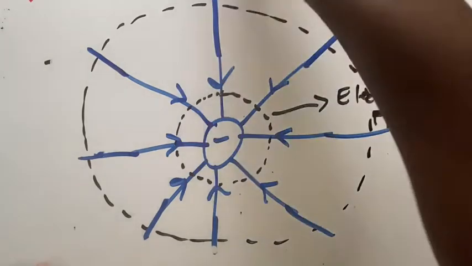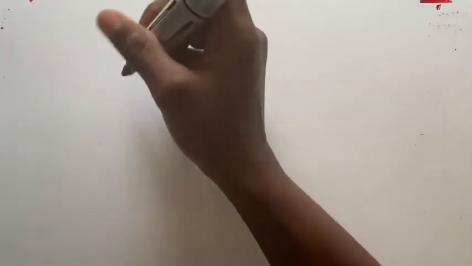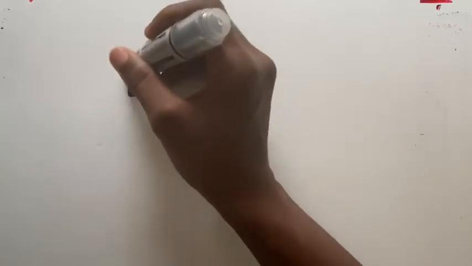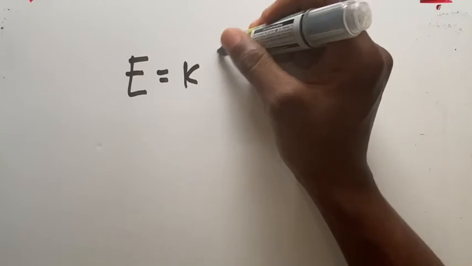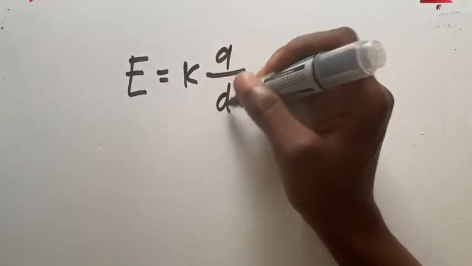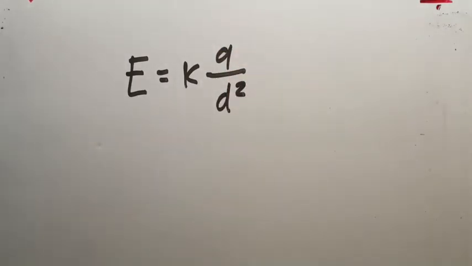All right, so now that I've kind of shown you the visual for the electric field, let me give you the equation. So the equation for an electric field is given by K Q divided by D squared.